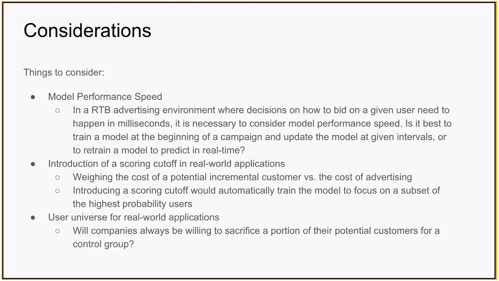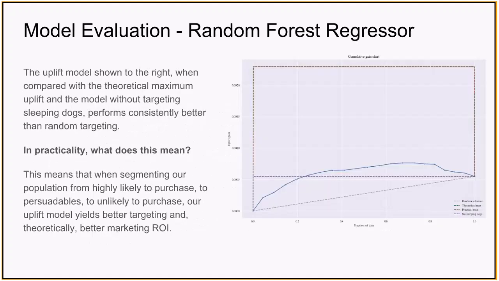Another thing to consider in a real-world application of something like this would be introducing something called a scoring cutoff. So if you go back to the model, we do have the ability to break out the percentage of our target customers to the highest 60% likely to convert, let's say, because we are segmenting our population into deciles.